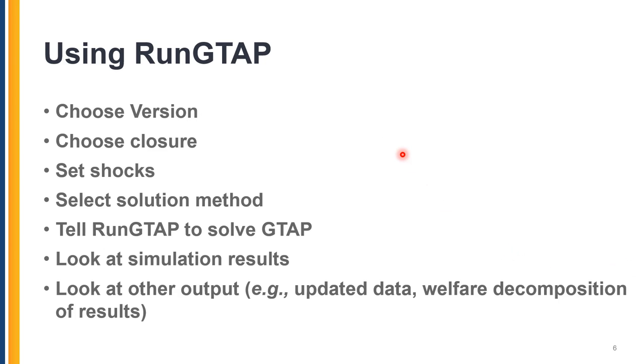As a simulation builder, the normal use of RunGTAP, and we'll see it at the end of this module when we begin our first practice simulations, is to go in and choose the version, or at least verify we're in the version that we want to be. We're running the right dimension of countries.